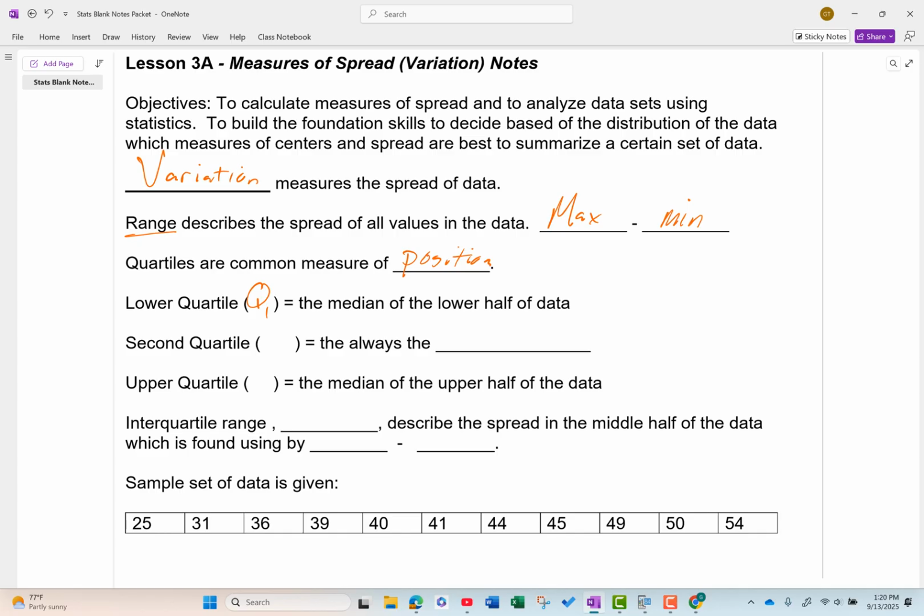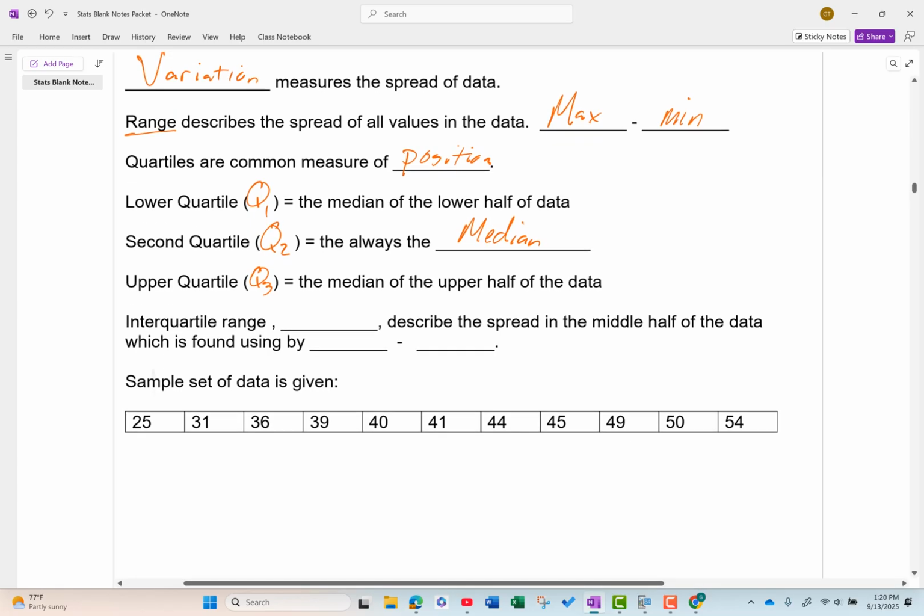The second quartile, or Q2, is always the median, so the middle point of your whole data set. Now the upper quartile is Q3, and that's the median of the upper half of the data. That would be about the 75th percentile, and then the lower would be about the 25th percentile.